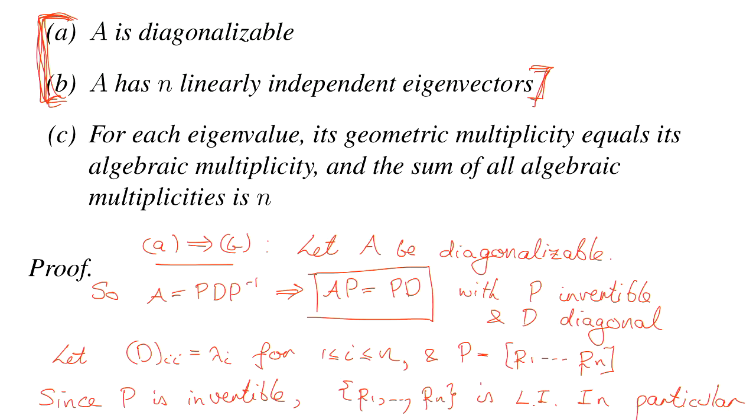Okay? So you've got n independent eigenvectors if the sum of the algebraic multiplicities is n, so as big as possible, and all of the geometric multiplicities are equal to the algebraic ones, so all the geometrics are as big as possible. So you've got n independent eigenvectors when all the multiplicities are as big as they can be.